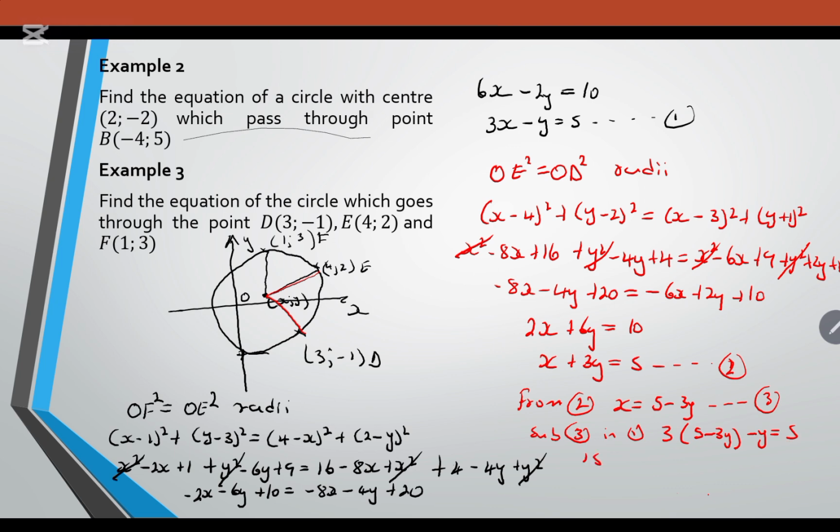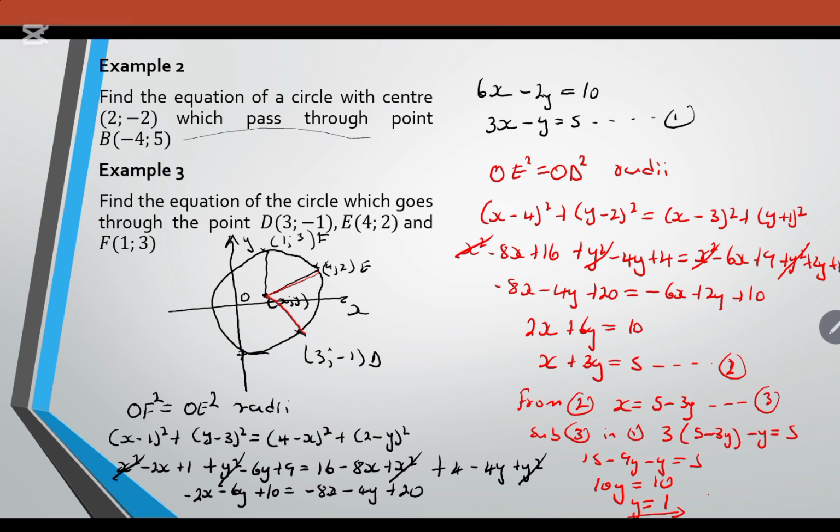So this will be 15 minus 9y minus y is equal to 5. Negative 9y minus 1y is negative 10y. So I'll take it to the other side. I've got 10y is equal to 15 this side, that will give me 10. Therefore, y is equal to 1. So the value of y is 1.